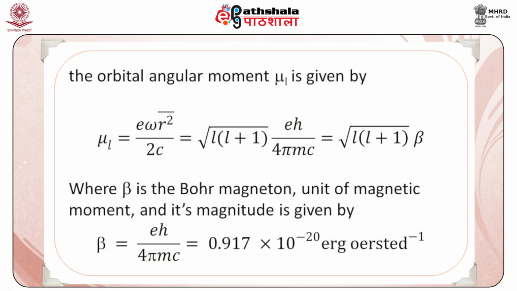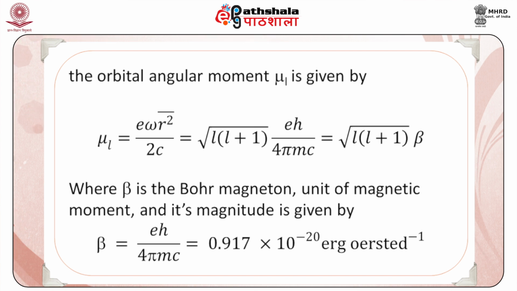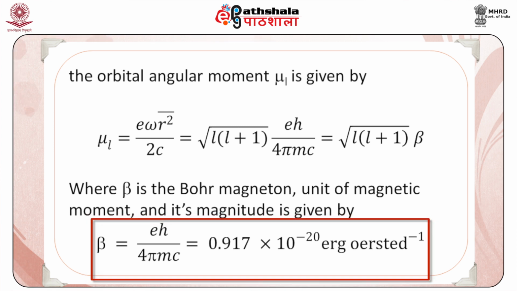So, the orbital magnetic moment mu L is given by e omega r squared upon 2c, which equals square root of L into L plus 1, into eh upon 4 pi mc, which is again equal to square root of L into L plus 1, into beta, where beta is the Bohr magneton, the unit of magnetic moment, and its magnitude is given by beta equals eh upon 4 pi mc, equal to 0.917 into 10 raised to the power minus 20 erg per Oersted.